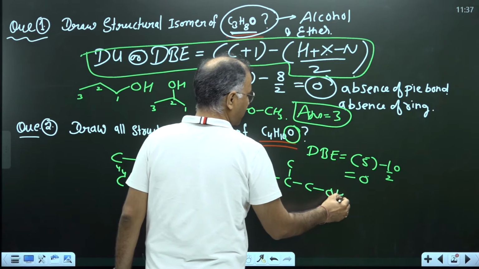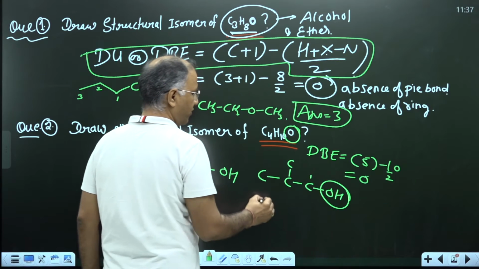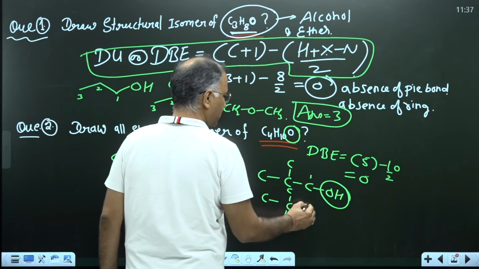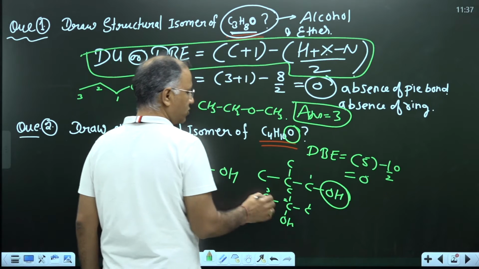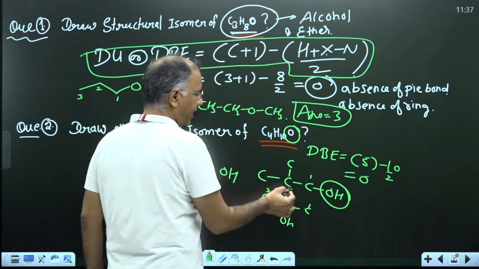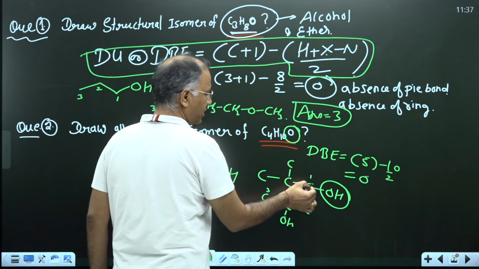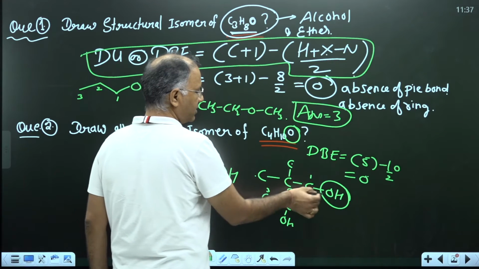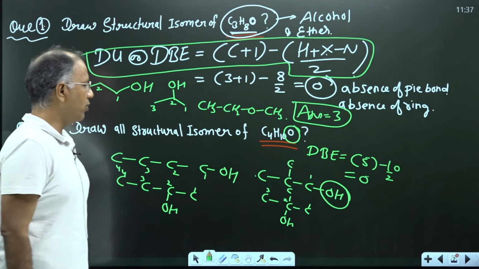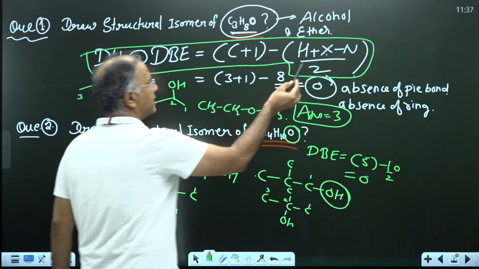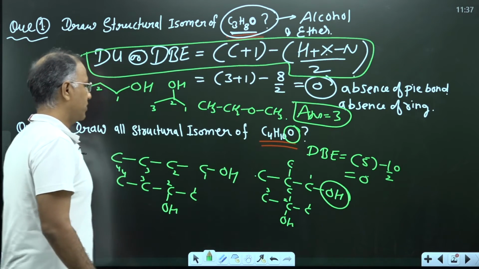In case of branching, the first carbon consists of OH and the second carbon consists of OH. These two are different structural isomers. All these carbons are identical. If I replace this H by OH, or this H by OH, all give the same structural isomer. How many alcohols are possible? 4 alcohols are possible.